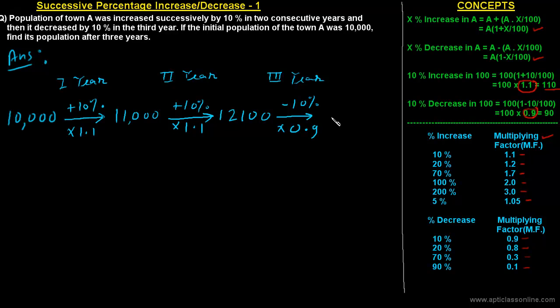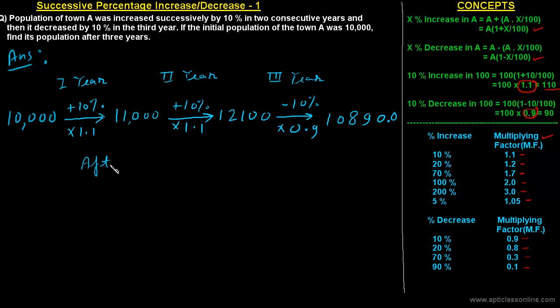So 12100 multiplied by 0.9: 9 ones are 9, 9 twos are 18, 9 ones are 9, and then 10. Here we will place the decimal. Then the final population has become 10890. So this is what we have to find, its population after 3 years.